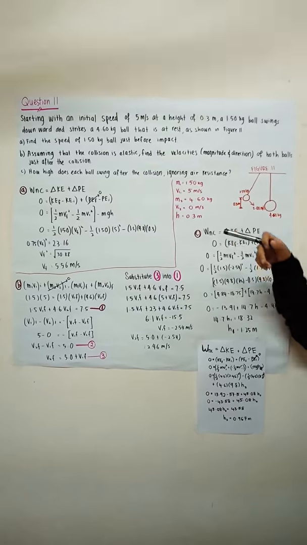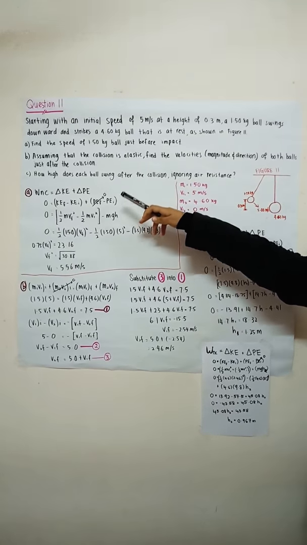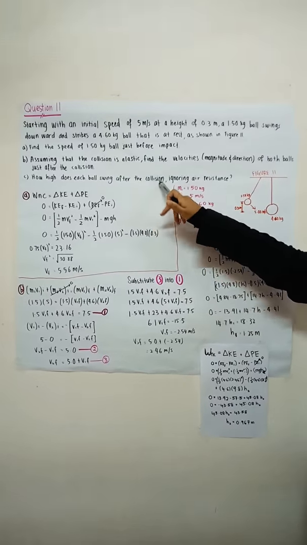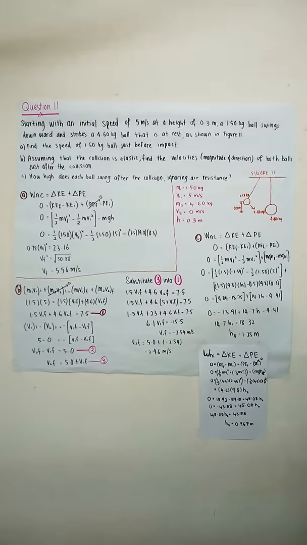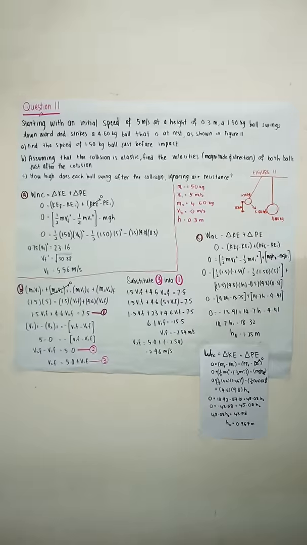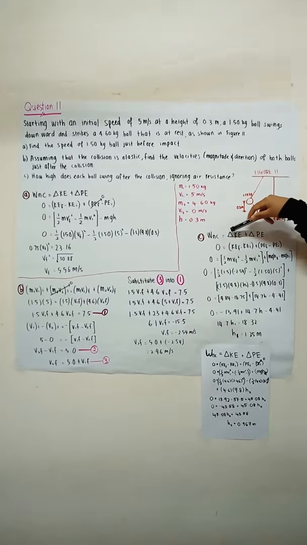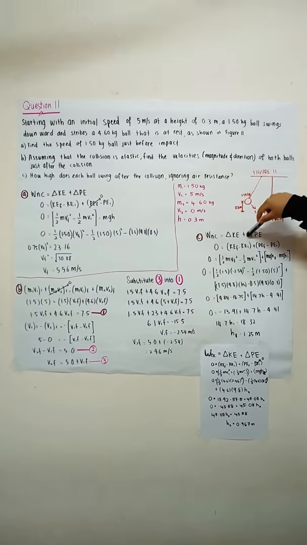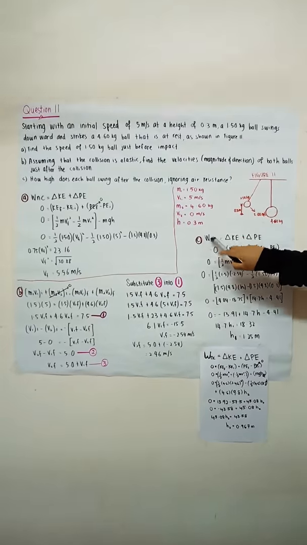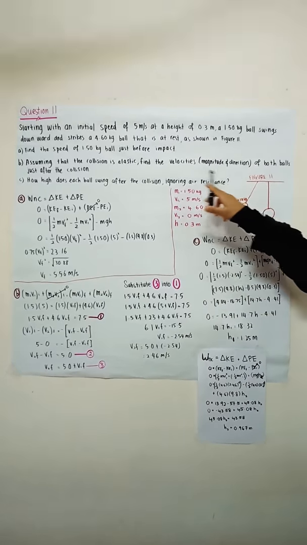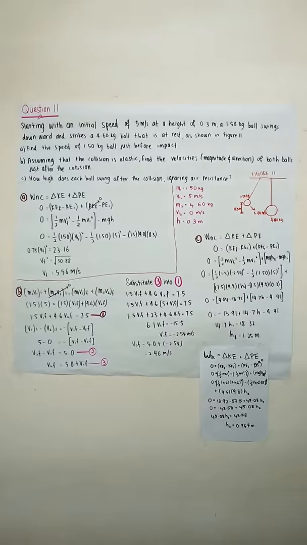Okay, for the last question, we need to find the height each ball swings after the collision, ignoring air resistance. Okay, this is the work-kinetic theorem, so we need to use the formula delta KE plus delta PE. WNC equals 0 because we are ignoring air resistance.